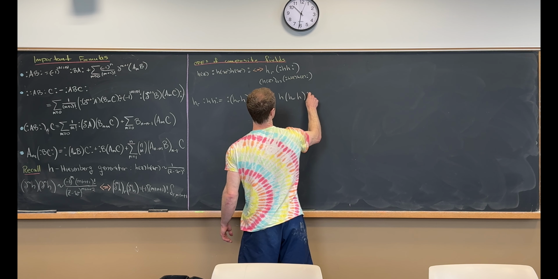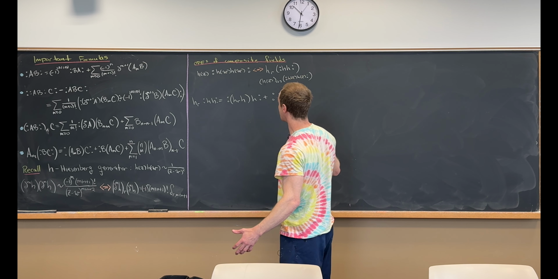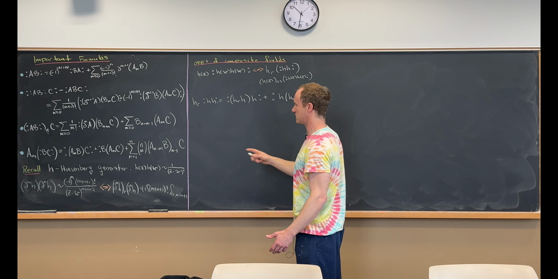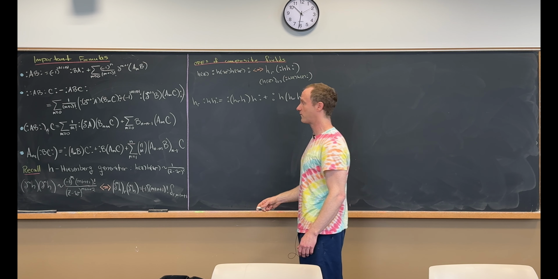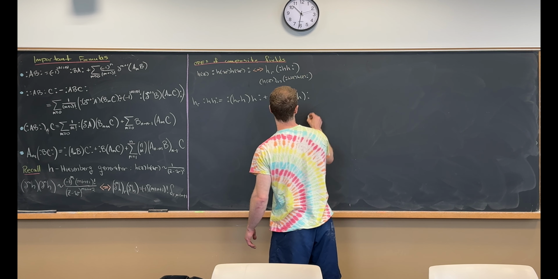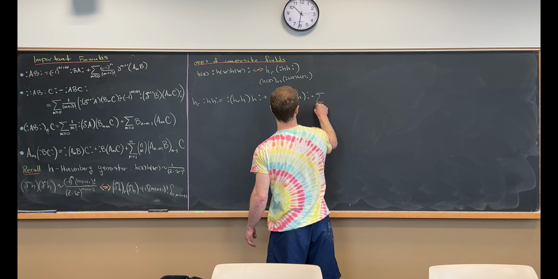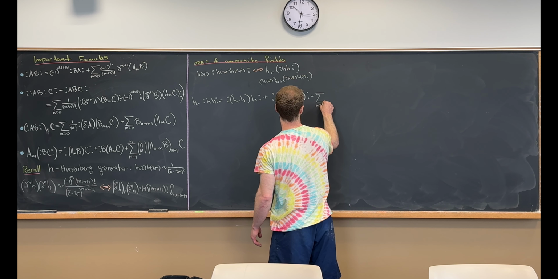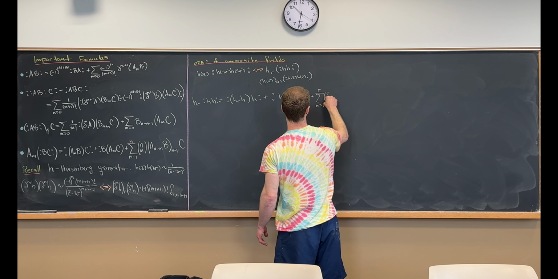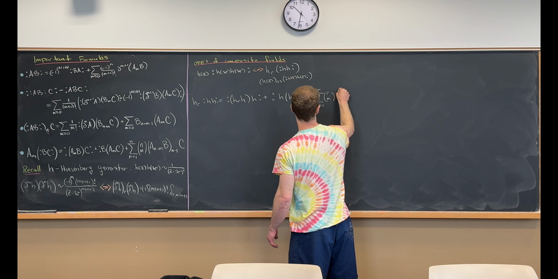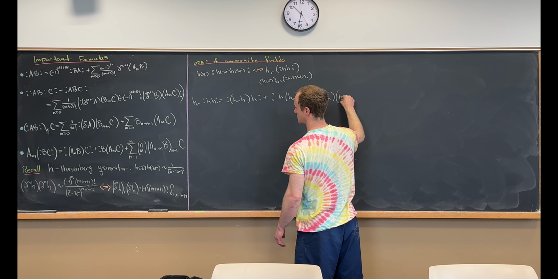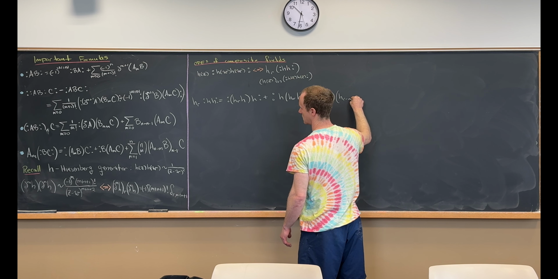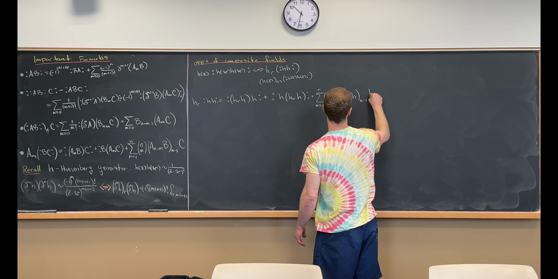Then I feel like we should write it out, the thing that's going to go to 0 for one term. Plus the sum as m goes from 1 to r of R choose M, and then H_(R minus M) H_(M minus 1) H.